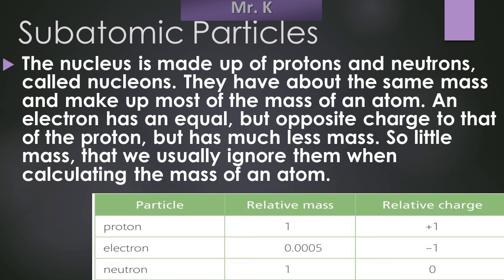In fact, an electron has so little mass that we typically ignore it when calculating the mass of atoms, or when calculating the molecular mass of a molecule. And here's a chart that shows you the relative masses are 1, 0.0005, and 1. So we typically just ignore the mass of the electron. The electron is important because it has a charge that is equal to but opposite that of the proton, and the neutron has no charge.